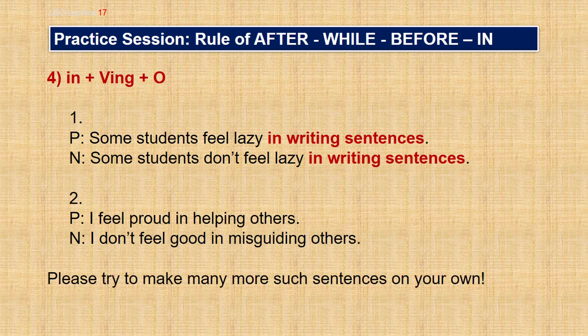So we have negative sentences in accordance with the positive sentences as well. The negatives have been written in a way that they don't change the meaning of the positives. So I feel proud in helping others, and I don't feel good in misguiding others. So try making more sentences like this, try speaking more and more sentences like this.